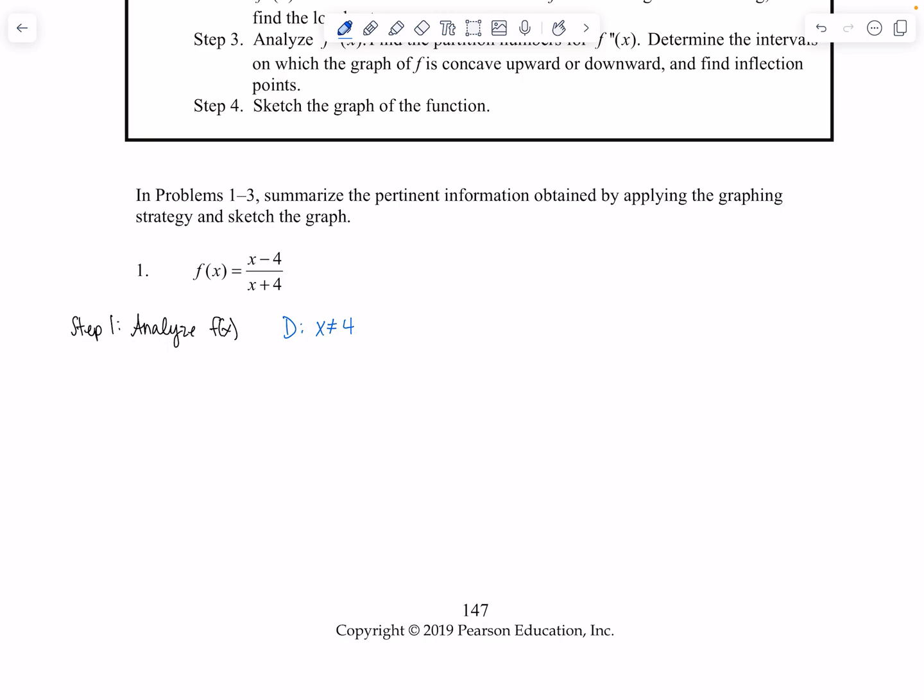our x-intercept will be when our numerator is equal to 0. So let's find our x-intercept. If x minus 4 is equal to 0, that means that x equals 4. Therefore, x-intercept is 4, 0.